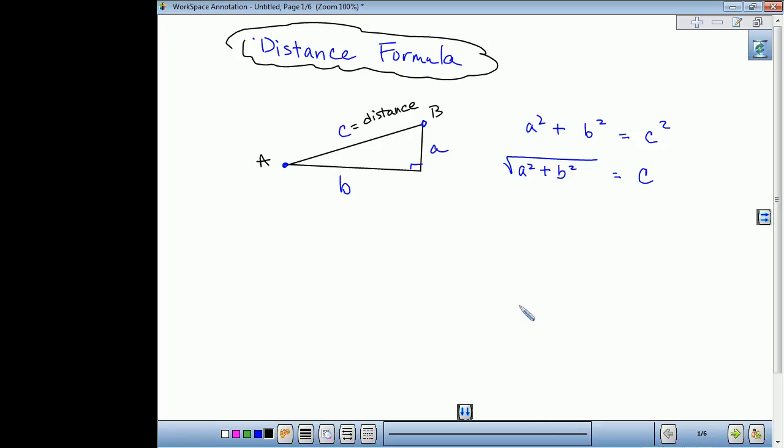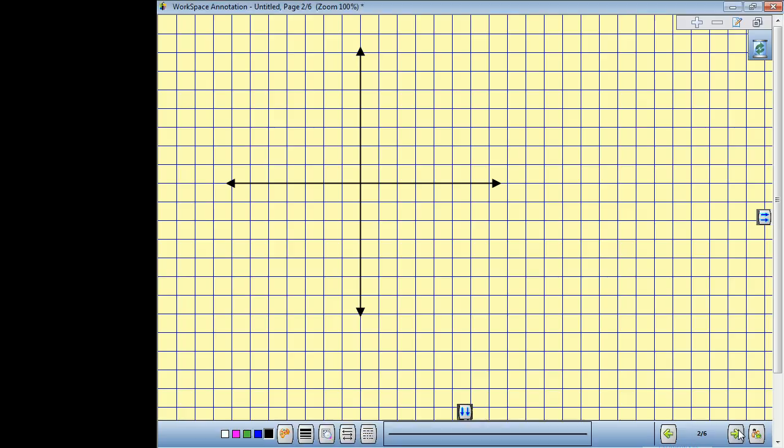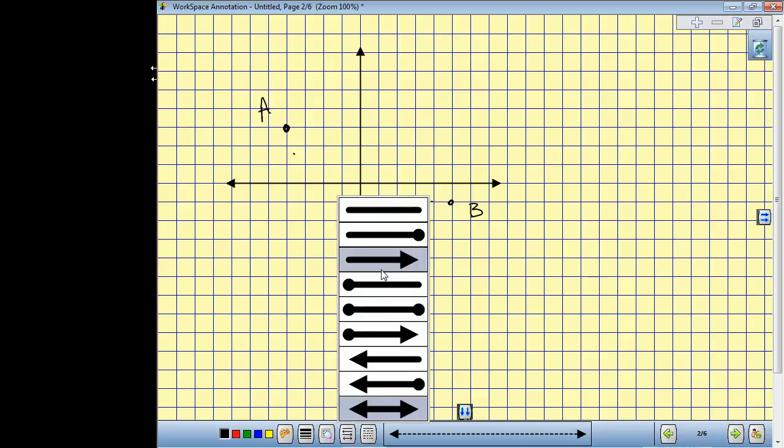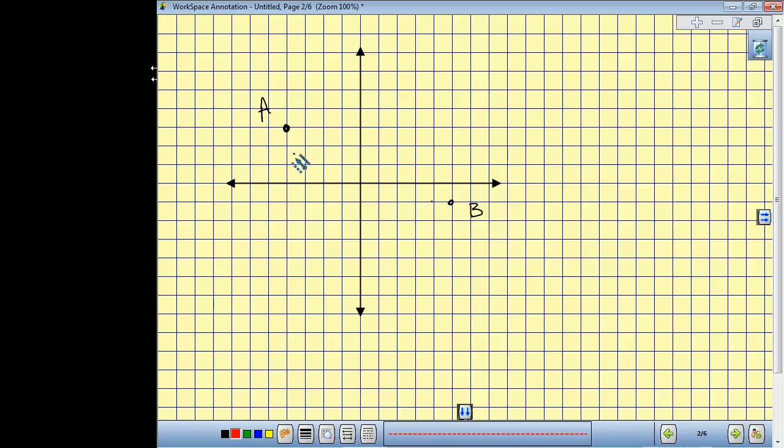Okay. So I'm going to take this idea and I'm going to throw it into the coordinate plane. So let's say we had this point here, we'll call it A. And this point here, we'll call it B. And let's find the distance between A and B. Well, if we use the idea we just talked about, what we could do is come in here and create a triangle to find this distance.